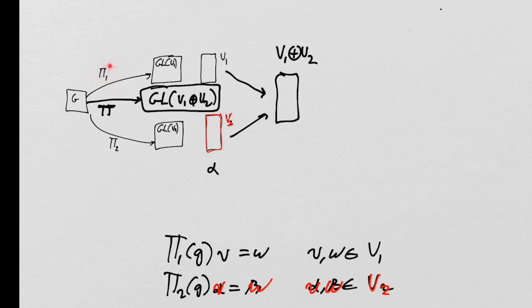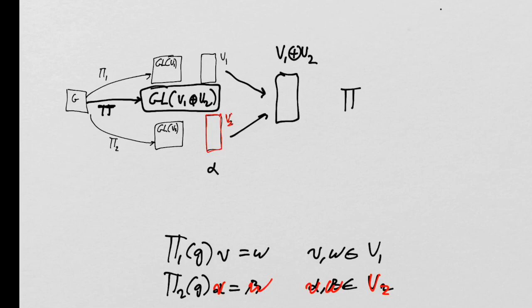Like I said before, there are many different representations of G into the general linear group of V1 that acts on V1, and many different representations into the general linear group of V2. But if I know one of each, then I can find a mapping into this direct sum group. And that mapping will be defined the following way.